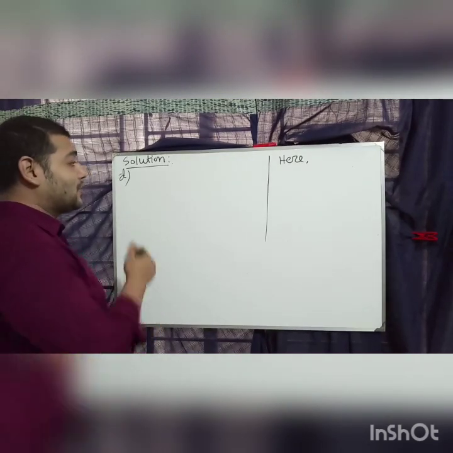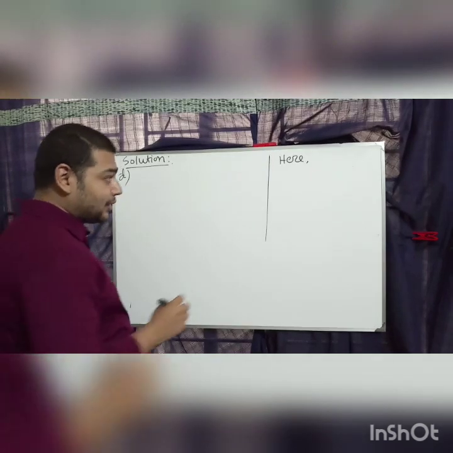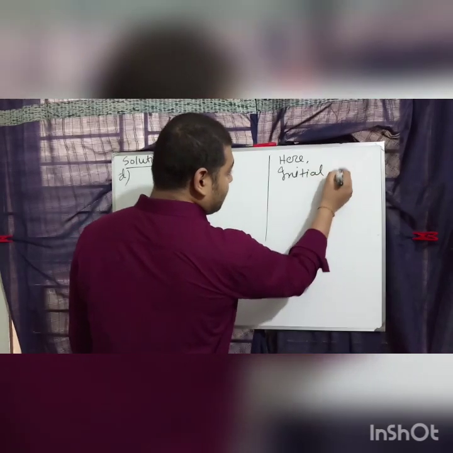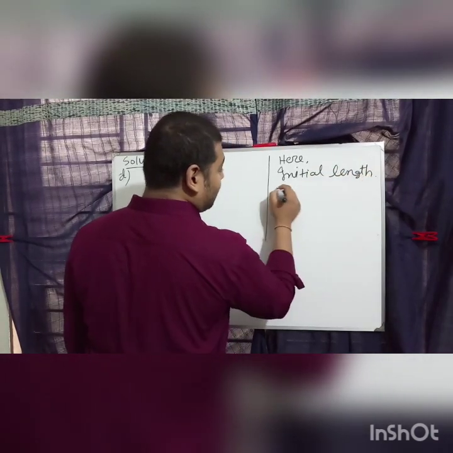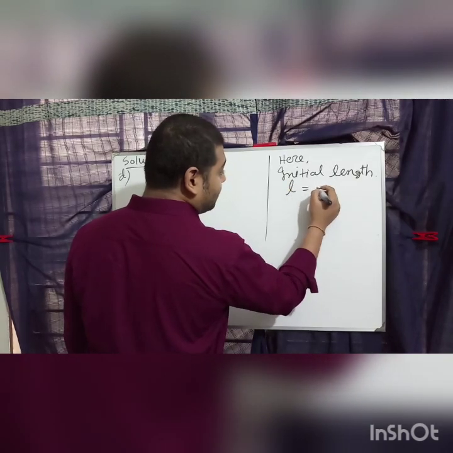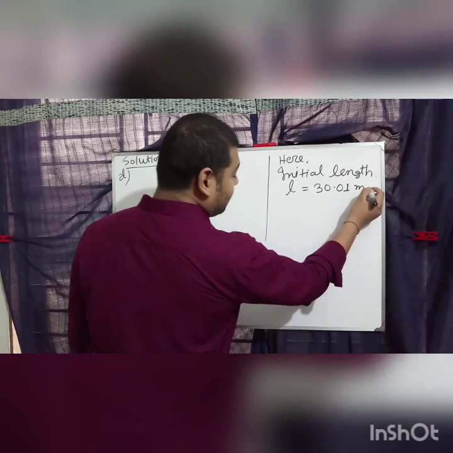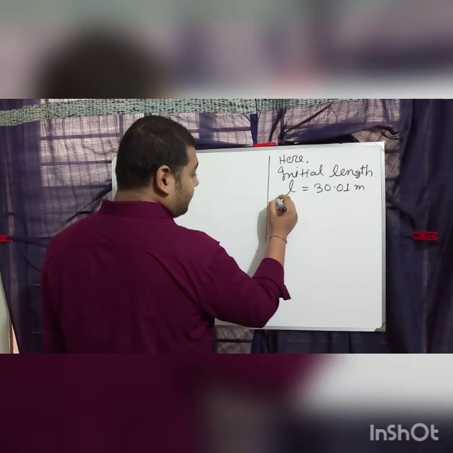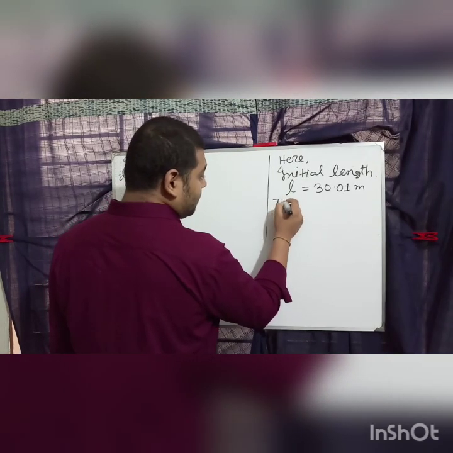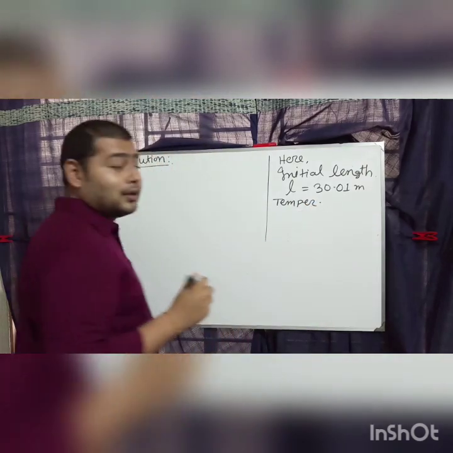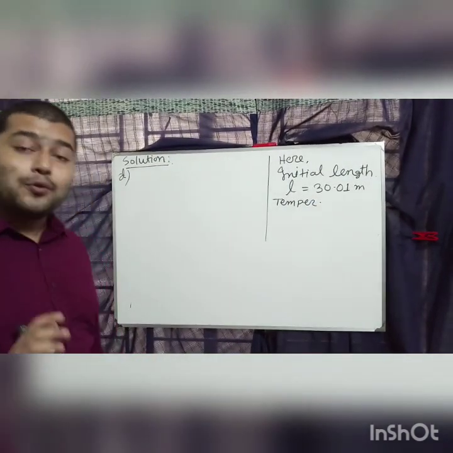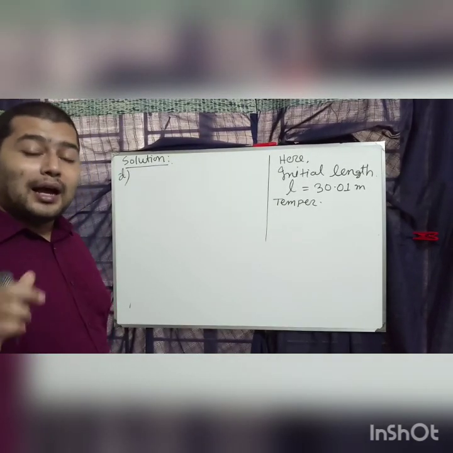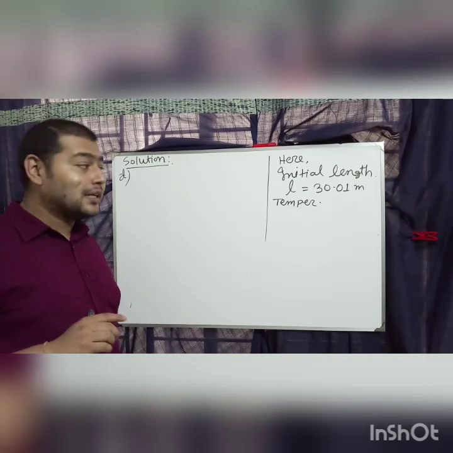For this question D, we are given the initial length of the copper wire, L equals 30.01 meter. Here we have two temperatures. One is 30 degrees and the other, for winter, is 4 degree Celsius.